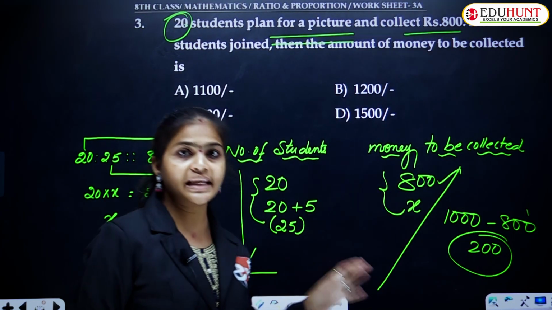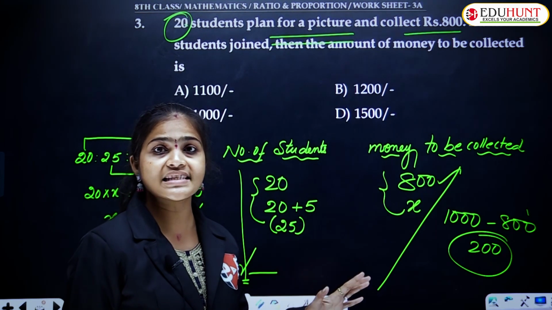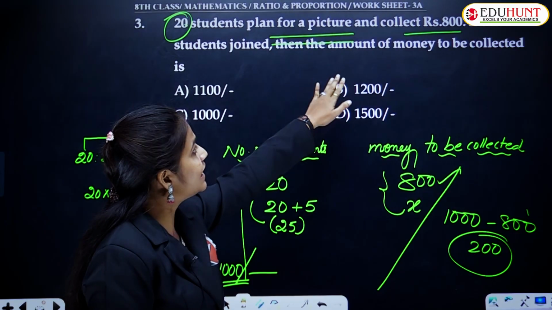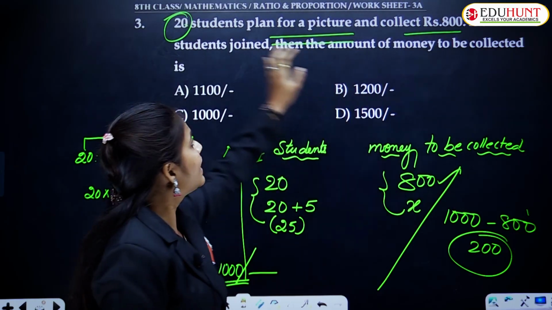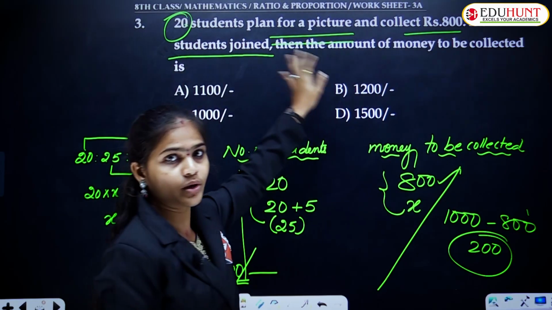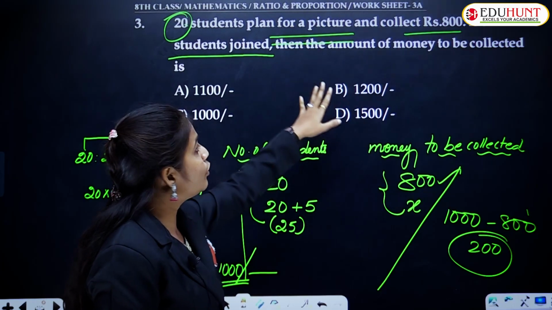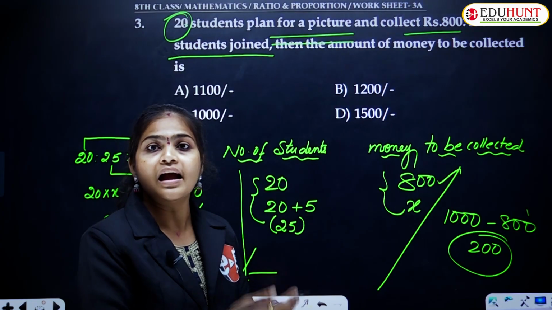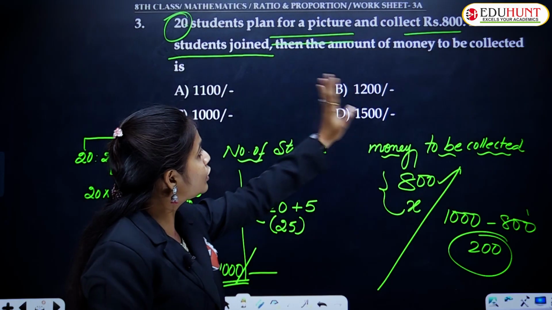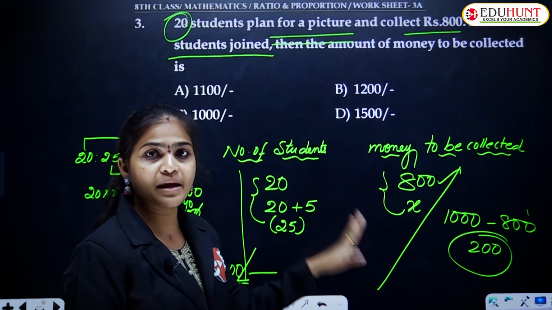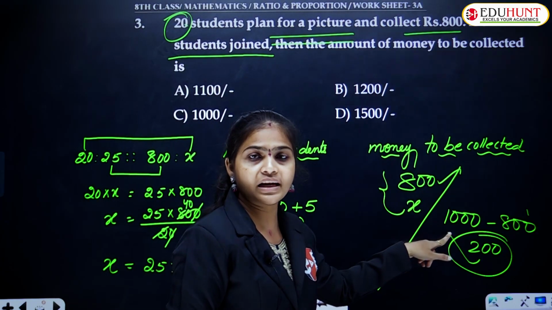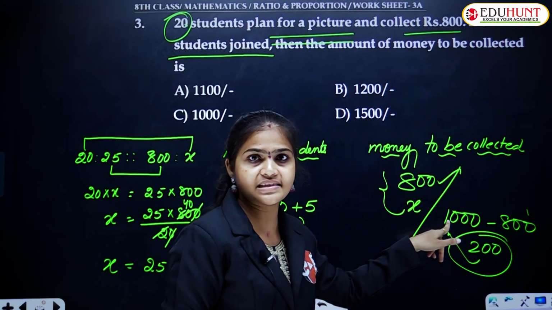If the question is given in this manner, what is that? 20 students planned for a picture and collected 800 rupees. If 5 more students joined, then how much more amount is to be collected? In that case, the answer is 200. How much more means 200 rupees is the answer.